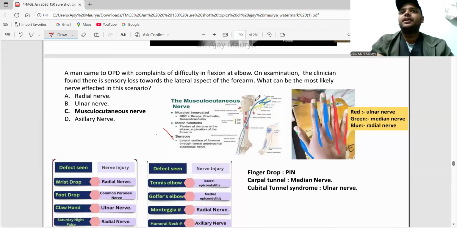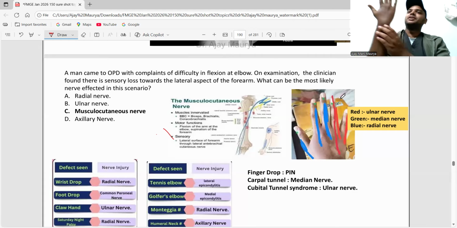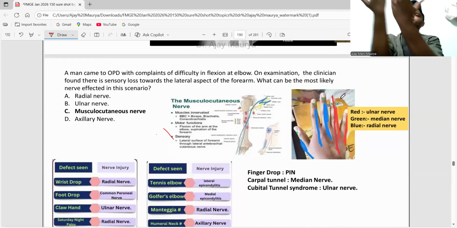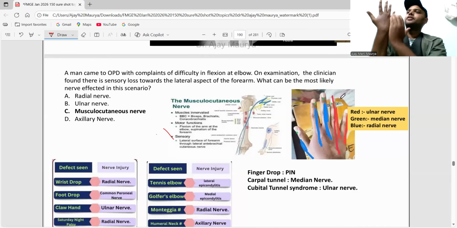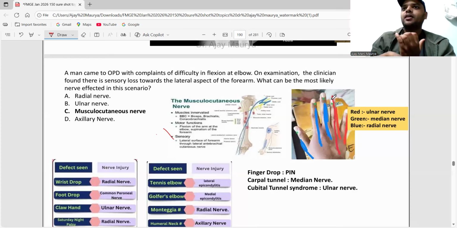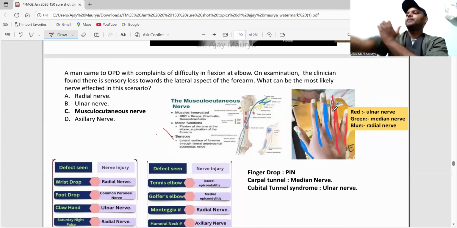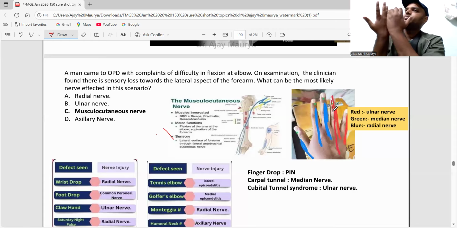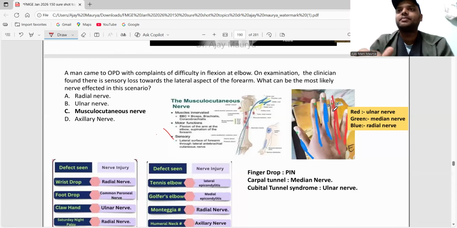Remember here, this is my hand only. From the lateral part to the medial part, from the middle of the ring finger, the medial part is supplied by your ulnar nerve, and the lateral side, from half of the ring finger, is supplied by your radial nerve.